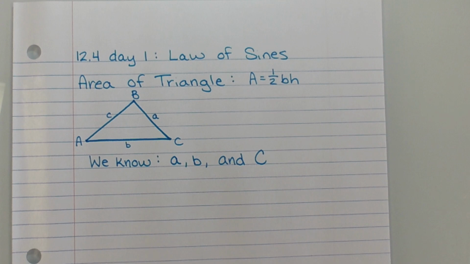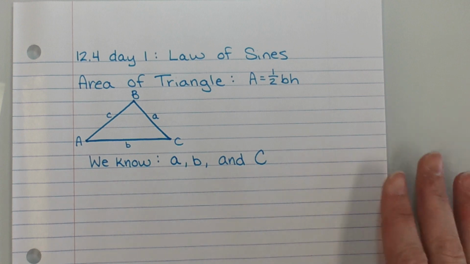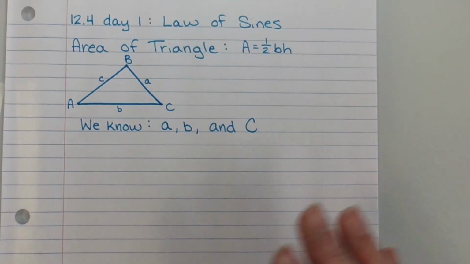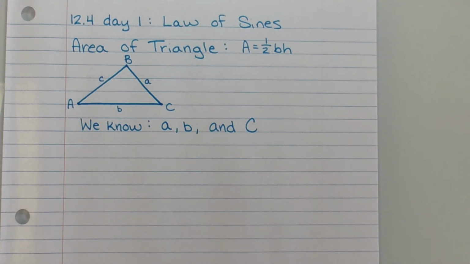Area of a triangle is 1/2 base times height. Do we have the information in a, b, and capital C to know the area of the triangle? Do we have the information necessary to calculate it?